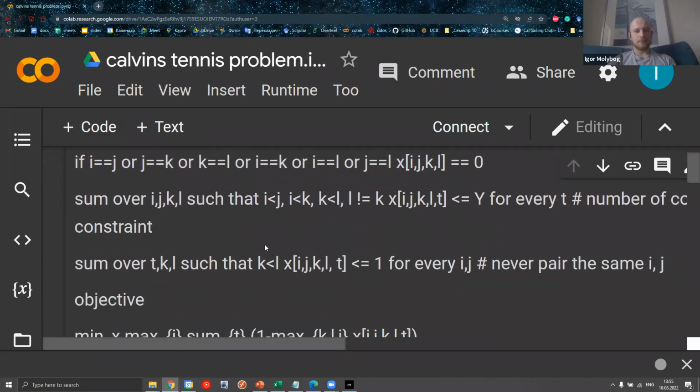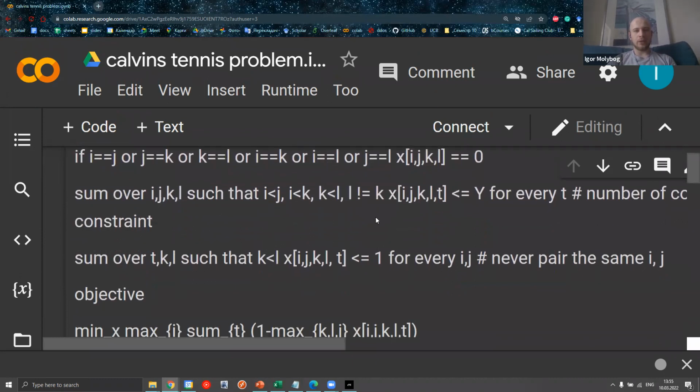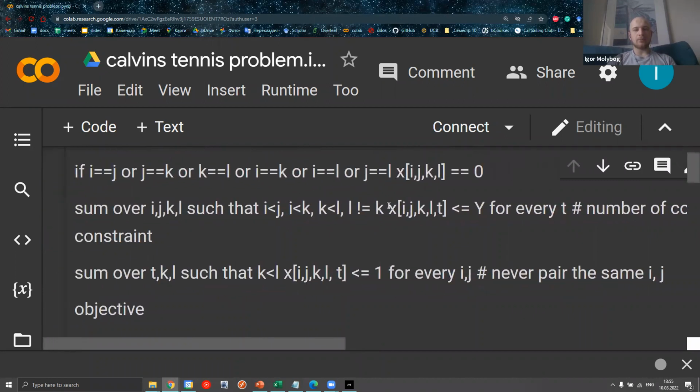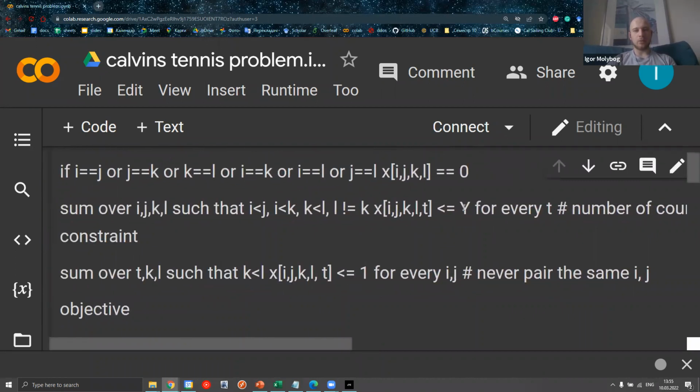Then we need to say that the number of courts is limited by y. So for every t, we have the summation over ijkl such that i is less than j, i is less than k, k is less than l, and l is not equal to k, of x_ijkl is less than or equal to y.